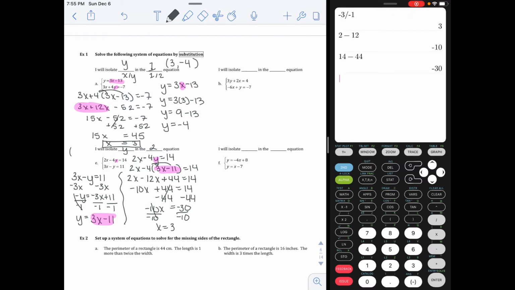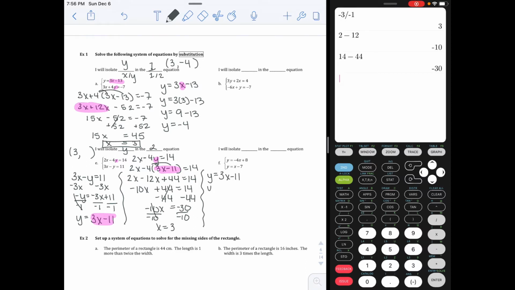And I'm going to set up my answer by writing it already in the coordinate notation, right? So I don't forget. So we have our first answer, or half of it I should say, and now we need to figure out the y value. So I'm going to take that first equation, which we had a y equals 3x minus 11.